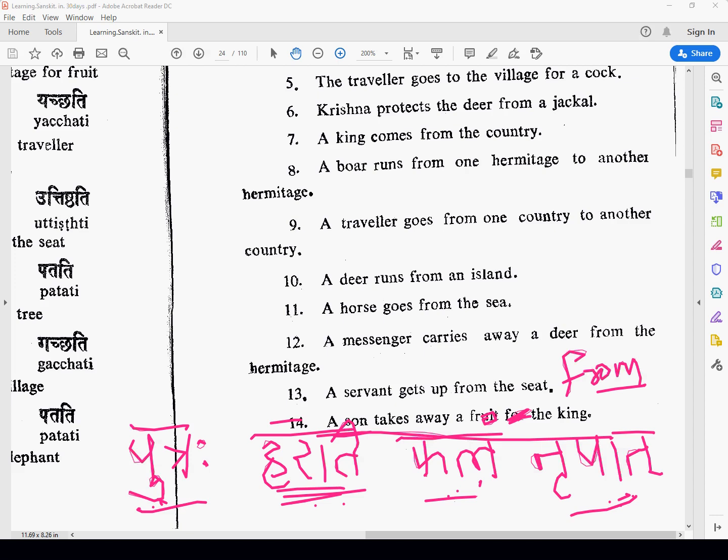For the fourth case ending, we saw two kinds of usages. One is for or to whom something is being given, and the second is the purpose, phalartham or phalaya or gramaya. Annaya gramam gacchati, annartham gramam gacchati, aham dhanartham karyam karomi, for the purpose of money, I work.